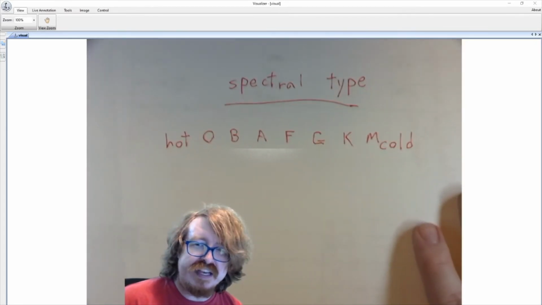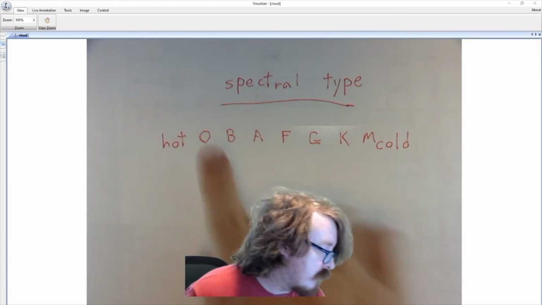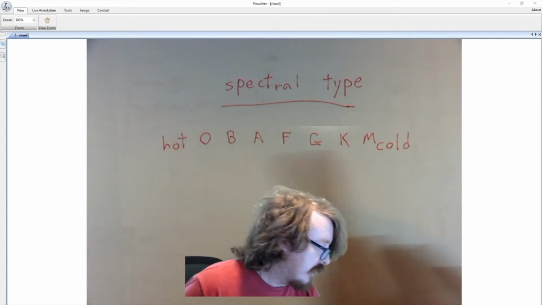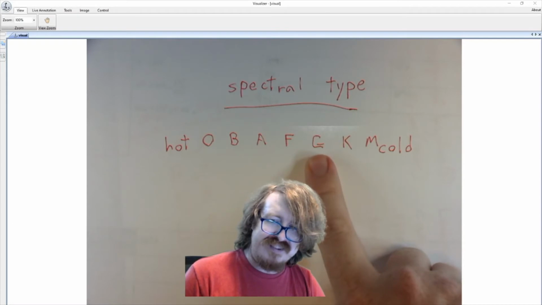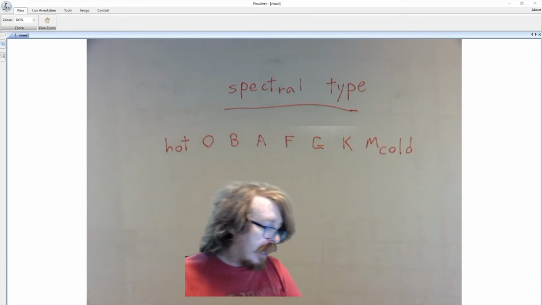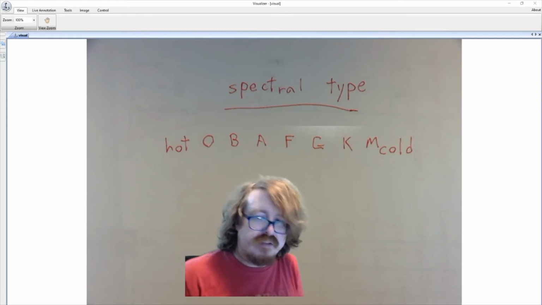We said for these spectral types, let me pop myself under here. O's are hot, M's are cold, stars that are G's, like our sun, are kind of medium. But if we're talking about main sequence stars like our sun, let's see if we can figure this out.